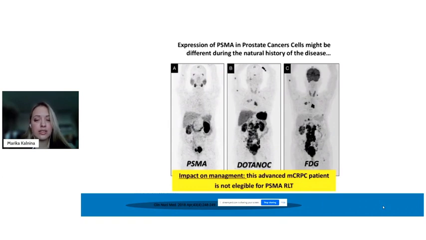Even later, when the cancer became de-differentiated, FDG, glucose metabolism, was higher than with other ligands. And of course it changes management. This is a very interesting case showing that we don't have one nuclear medicine technique that we can use in all situations, and in the future we need to use other ligands in specific situations for the patient.